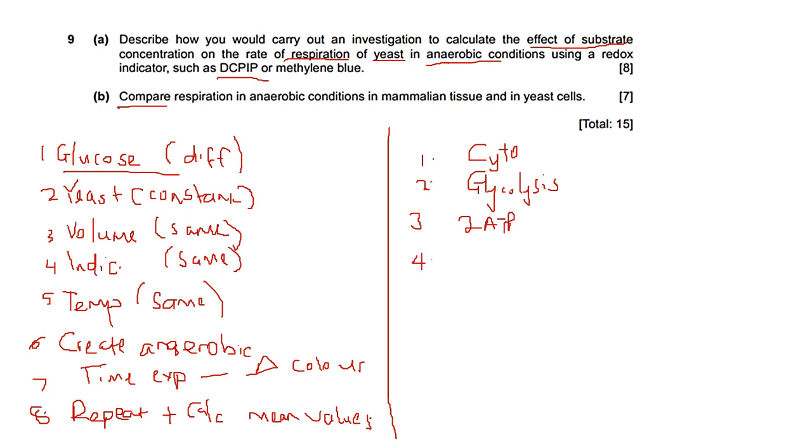You also need to mention here that the final hydrogen acceptor in mammalian tissue is pyruvate, whereas in yeast it is ethanol.